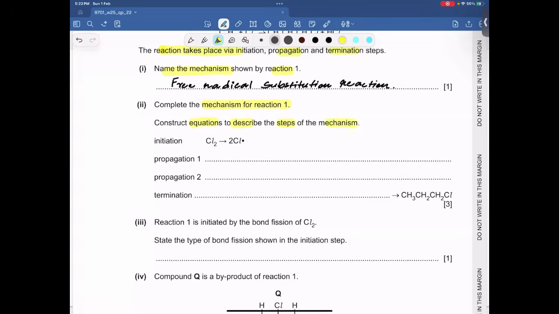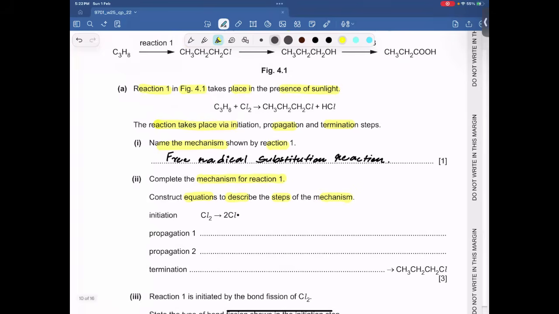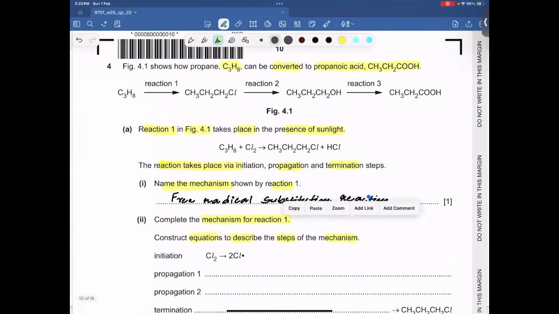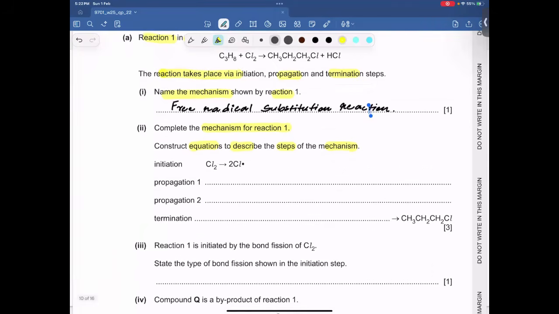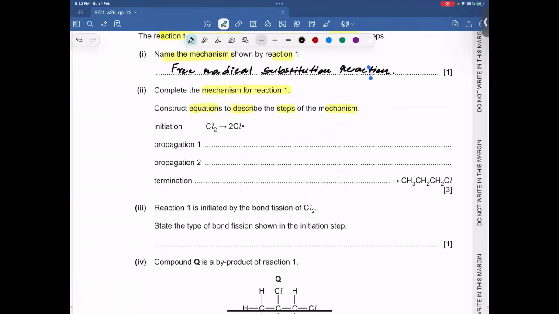Propagation 1. Propane is going to be the propagation. Okay. So we have C3H8. It's going to react with chlorine radical, converting into HCl, and I'm going to get propyl free radical.